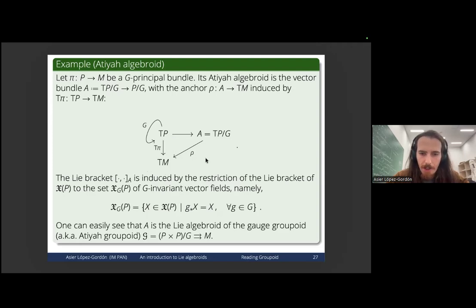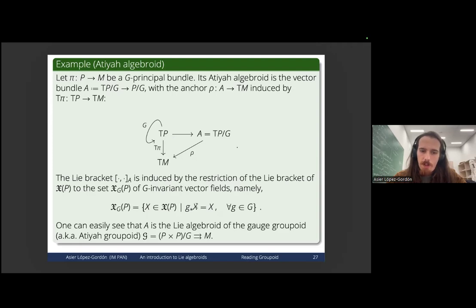And similarly, the Lie bracket will be induced by the restriction of the Lie bracket of the vector fields on P to the set of G invariant vector fields, that is, vector fields which are invariant under the action of the Lie group. So on sections of the tangent bundle we have the usual Lie bracket, and we can consider in particular this Lie bracket for two G invariant vector fields.